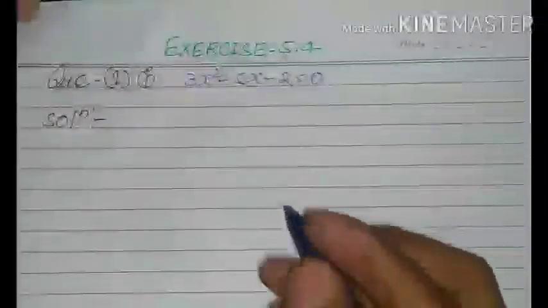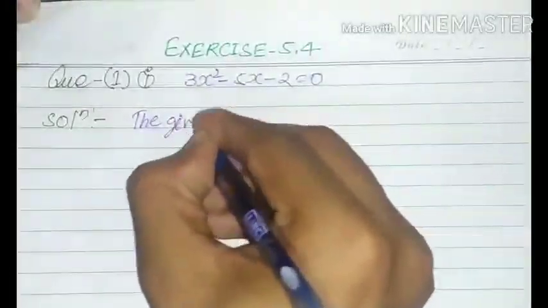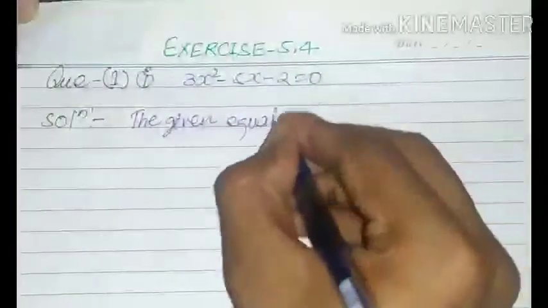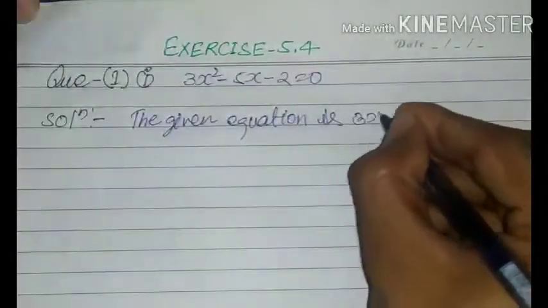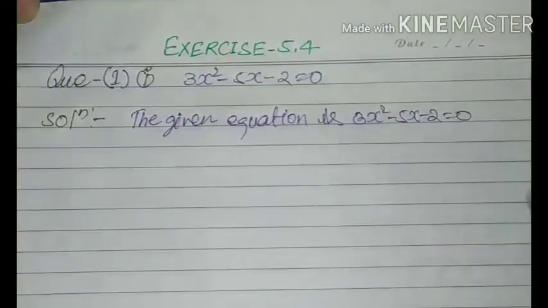The given equation is 3x square minus 5x minus 2 equals to 0.